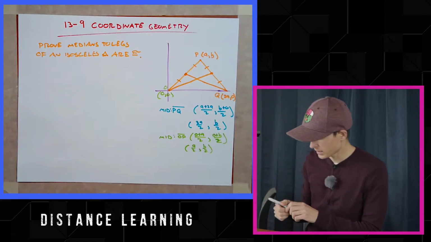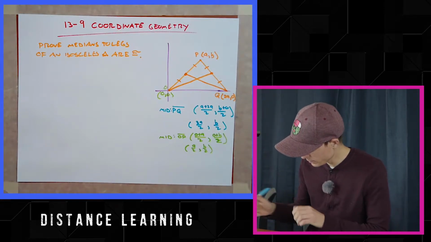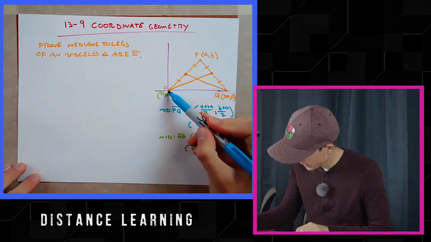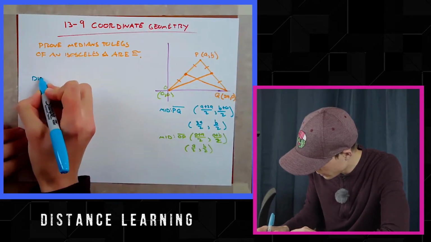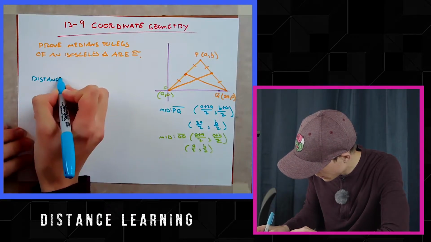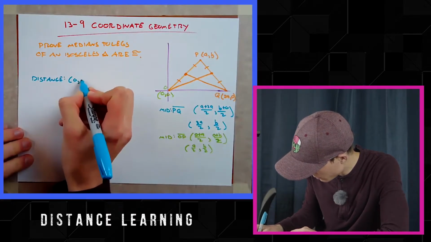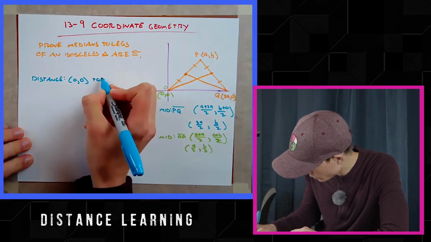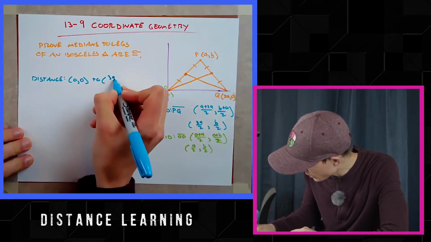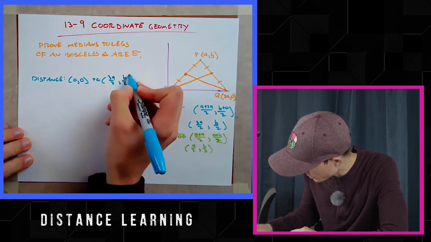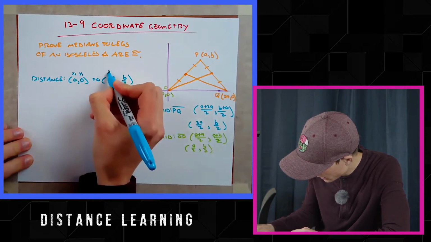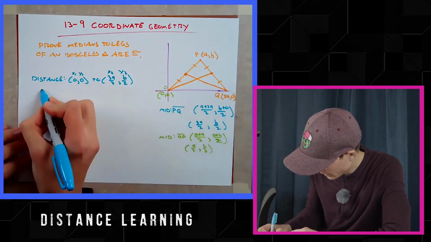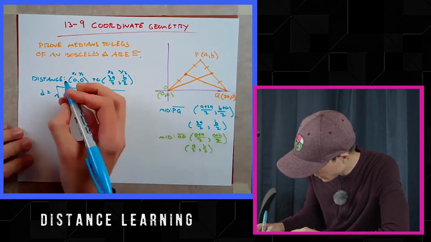Let's find the distance now from here to here. So, distance from 0, 0 to 3A over 2, comma B over 2. And we'll call this x1, y1, x2, y2. Distance formula.